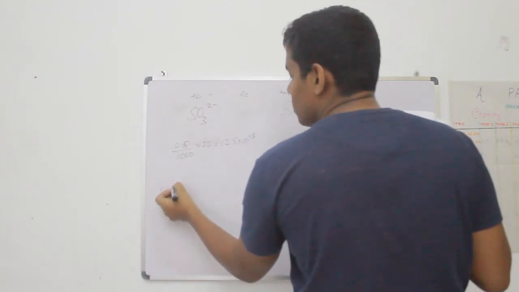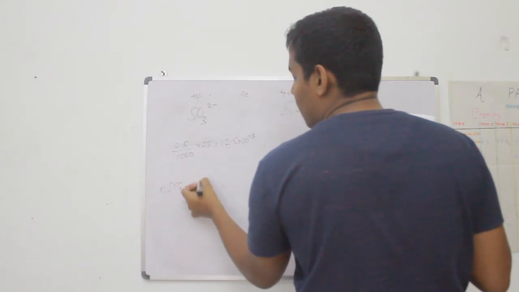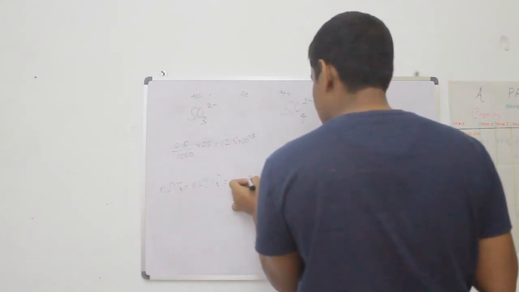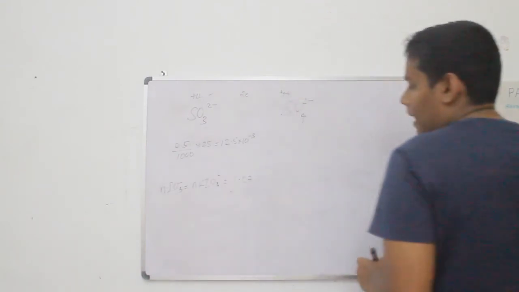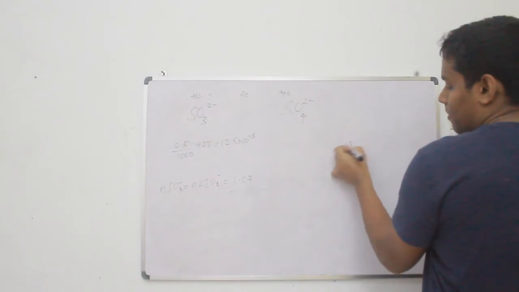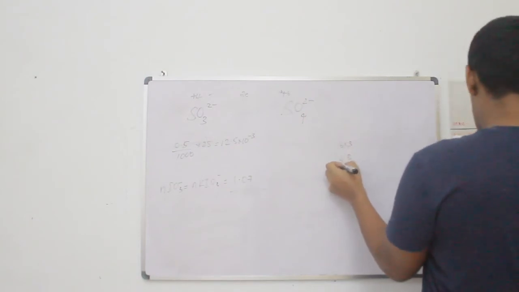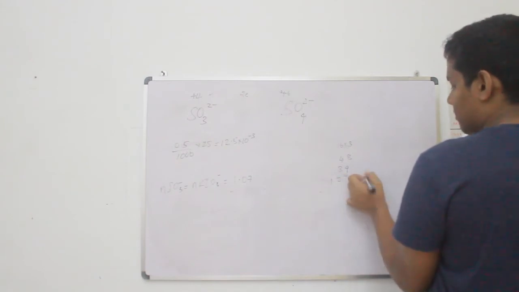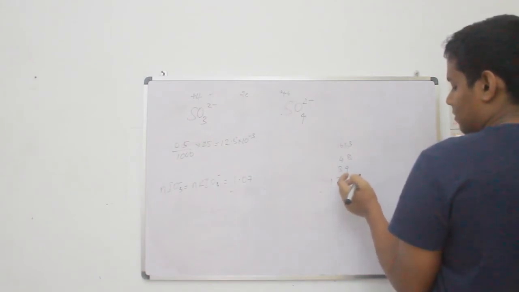So the number of moles of iodate, that is the number of moles of KIO3, is equal to 1.07 divided by the molar mass: oxygen is 16 into 3, potassium is 39, iodine is 127.